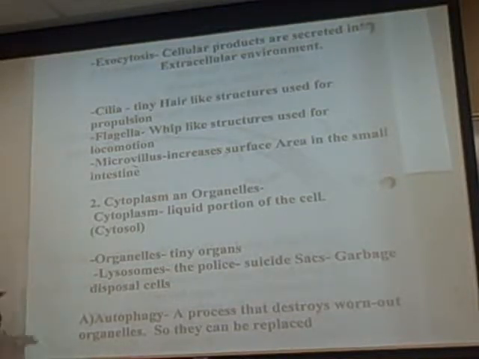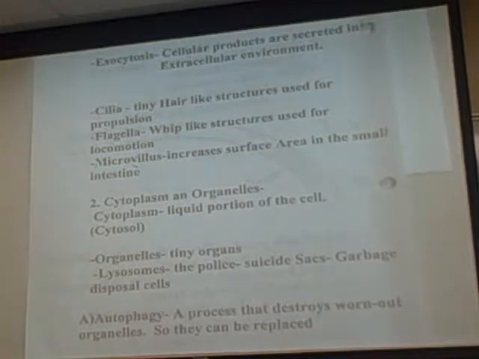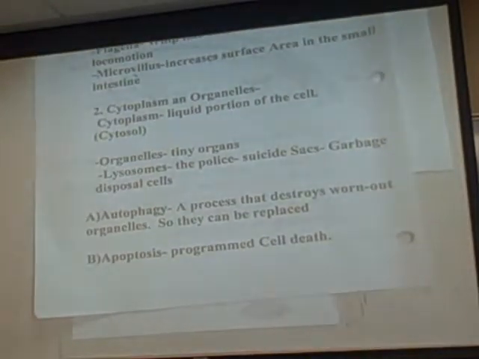Cytoplasm and organelles, that's the liquid portion of the cell. All the little tiny organs, we're going to hit the highlights. Lysosomes are the police of the cells. Suicide sacs is another name. Garbage disposal cells. They're the ones that come in and clean up the mess when something doesn't work.